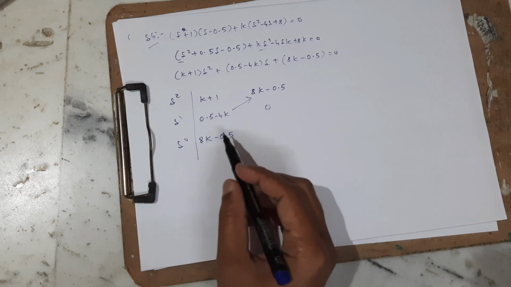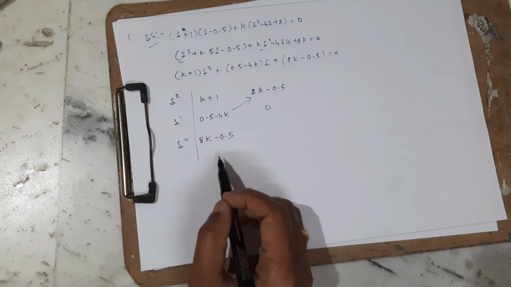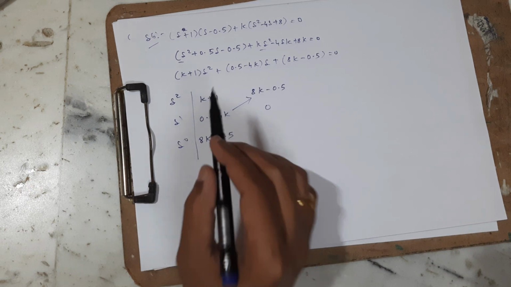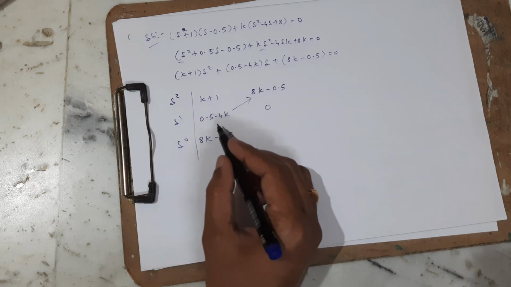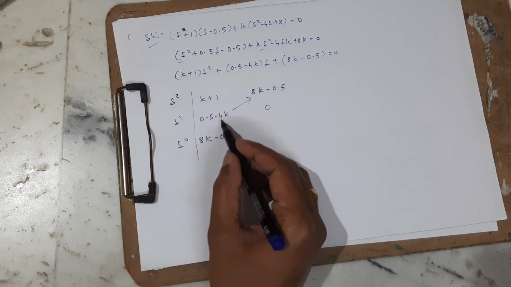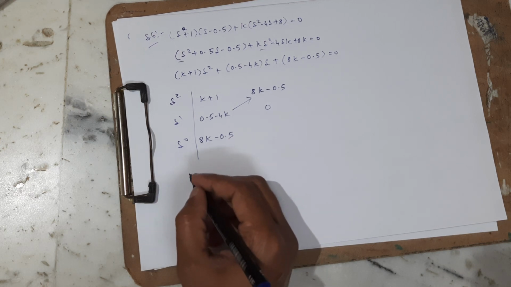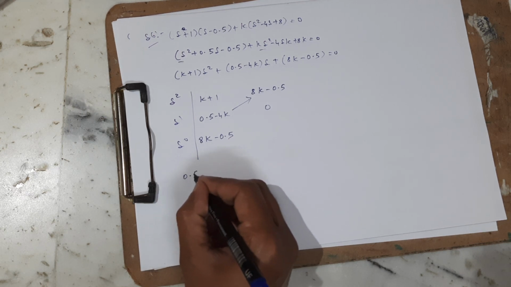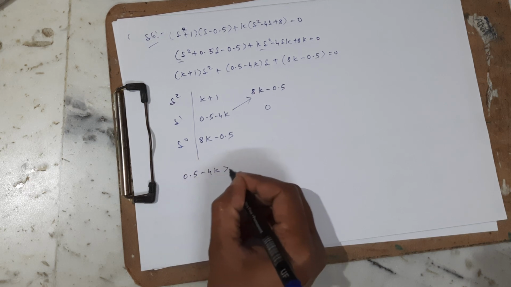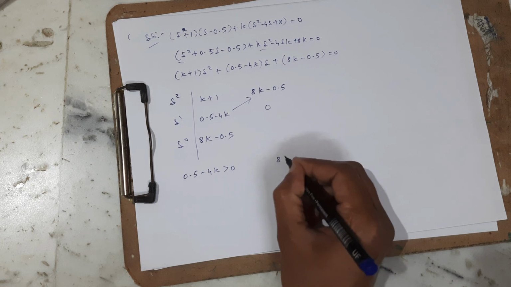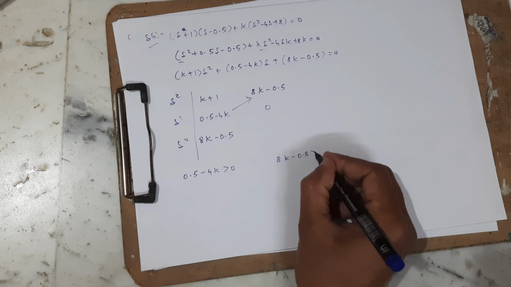After creating the array using the RH method, I need to find the values of k. For the system to be stable, the first column must be positive. So 0.5 minus 4k must be greater than 0, as well as 8k minus 0.5 must be greater than 0.